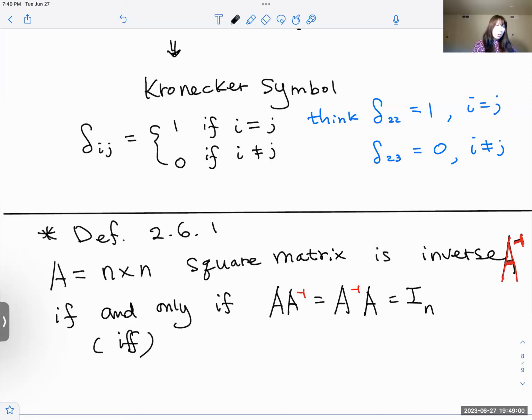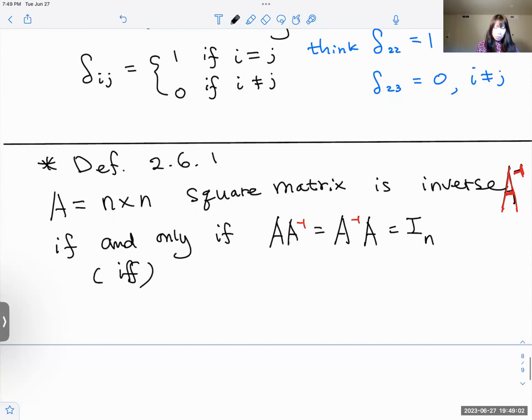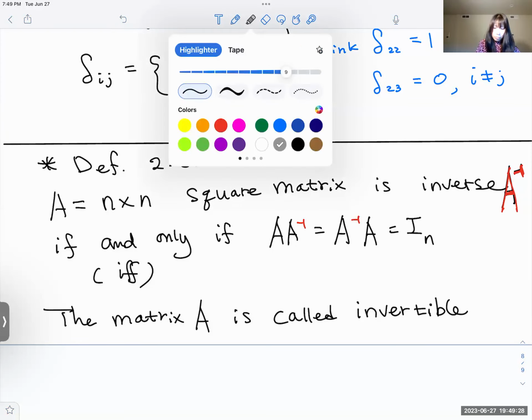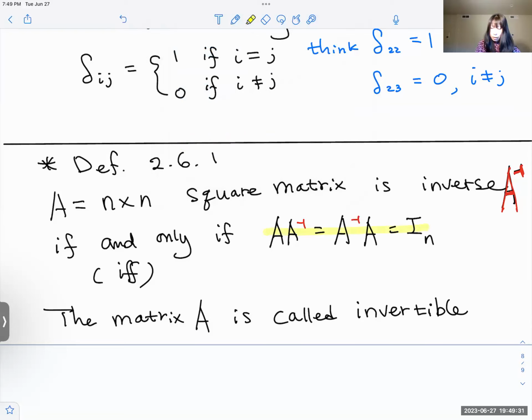So matrix A is called invertible. Inverse and invertible.